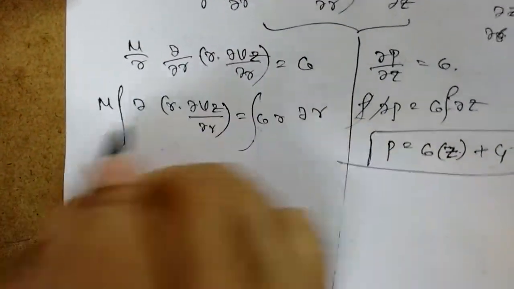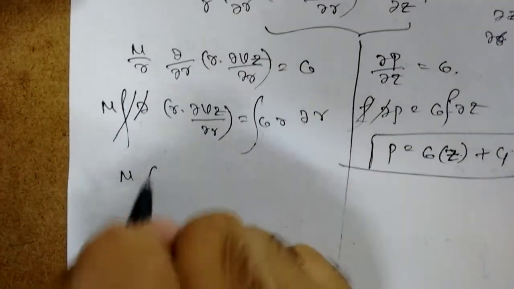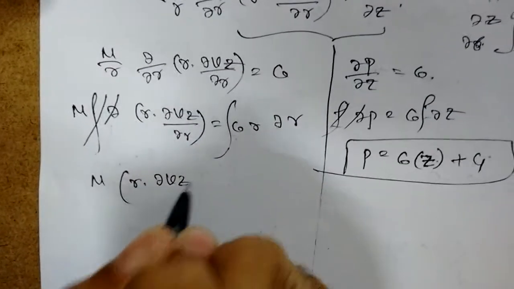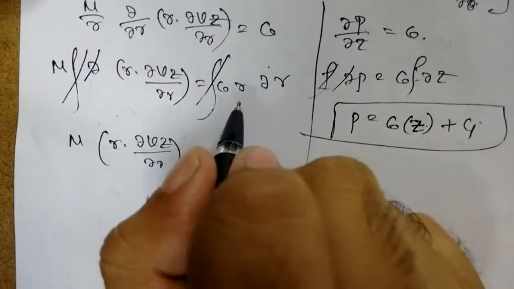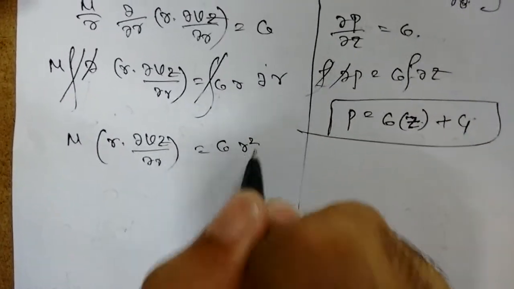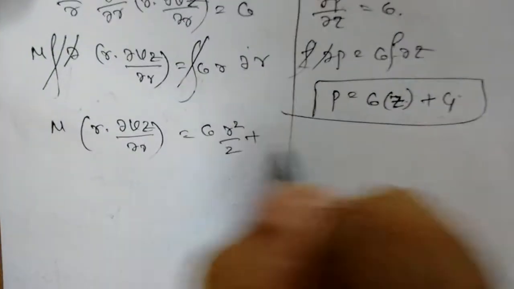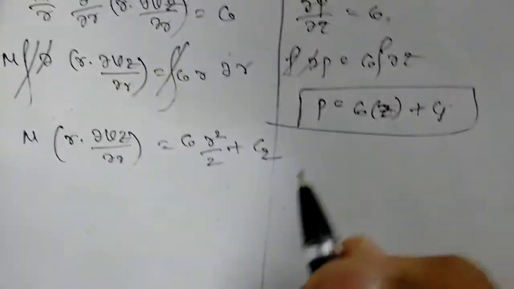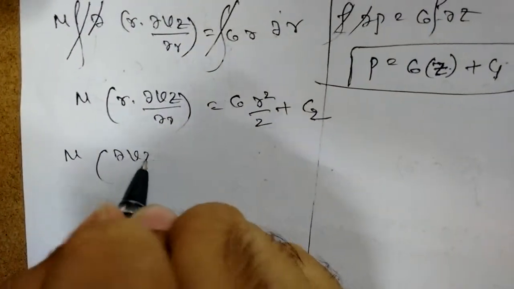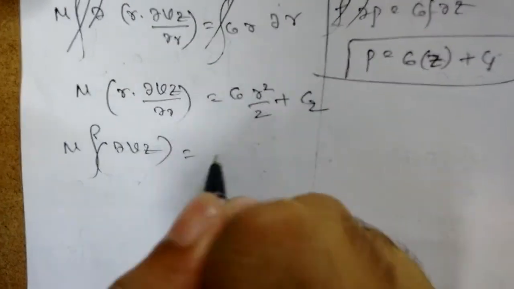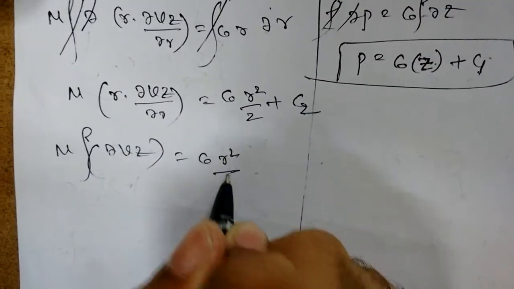If I apply integration on both sides, the dou will cancel, so mu into r into dou Vz by dou r equal to, integration means, C naught into r square by 2 plus C1. C1 is already used, so we can use C2. And again we will apply integration on dou Vz, and C naught into r square by 2.